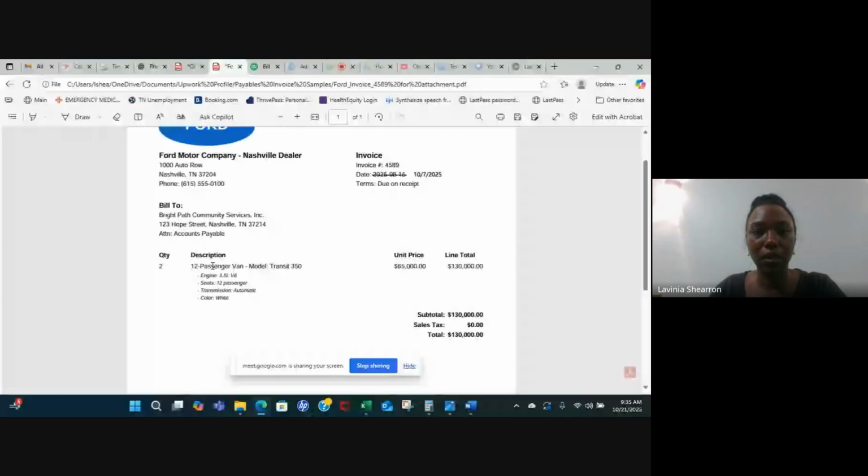Okay, in this bill, we purchased 2 12-passenger vans from Ford Motor Company. Capitalize this in vehicles. So let's just go ahead and enter.